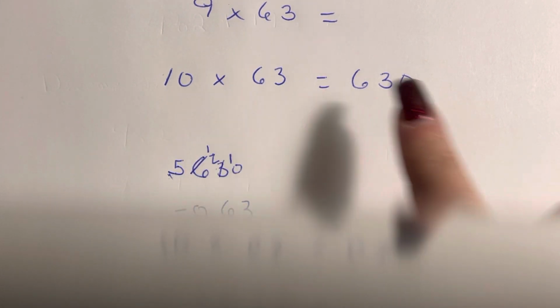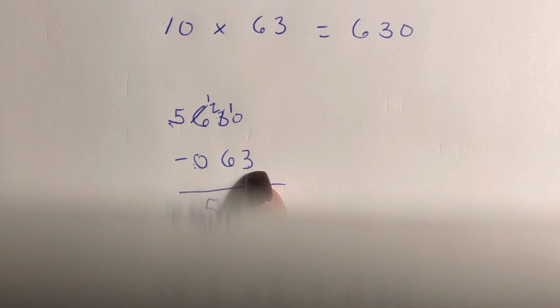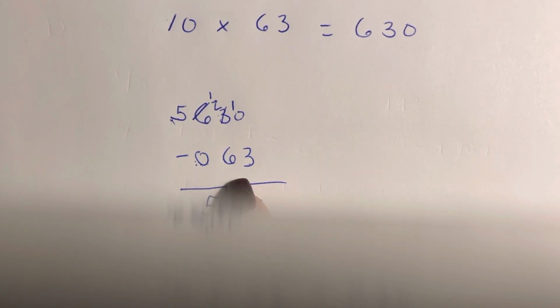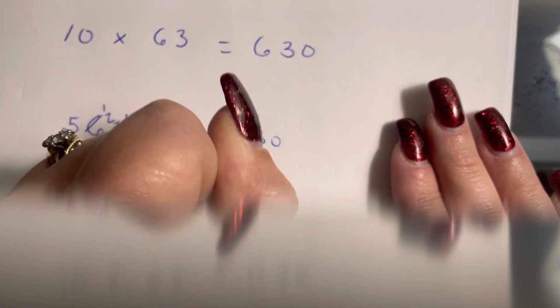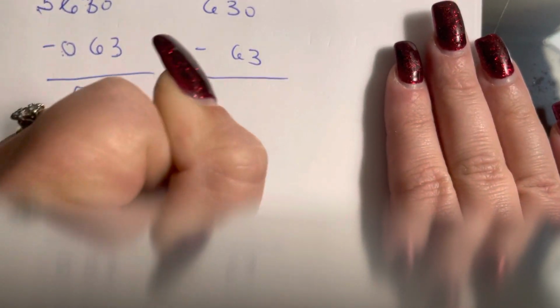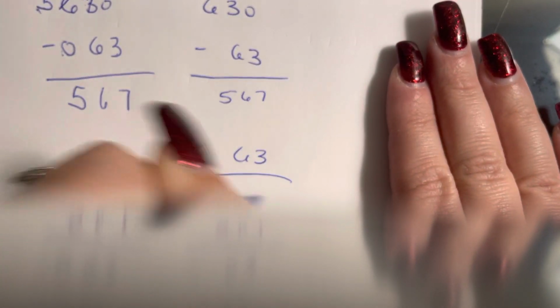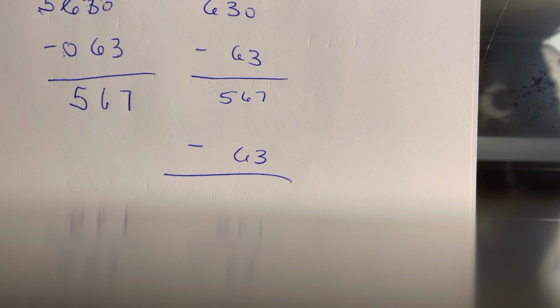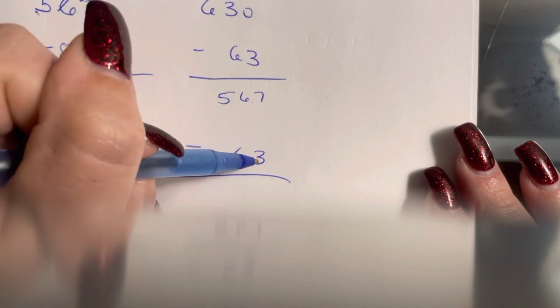You would still get the 10 groups of 63s, 630, and then you would take away 2 groups of 63. So it would look like 630 minus 63 equals, and then you take another group of 63 away. And then you would get that answer. And again, it would be 7 minus 3, so there's more on top.